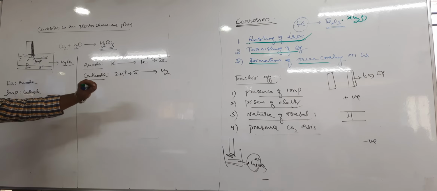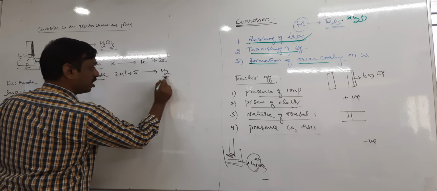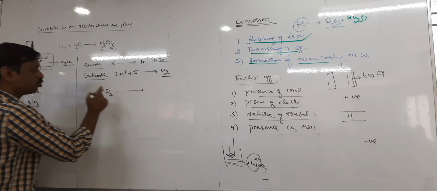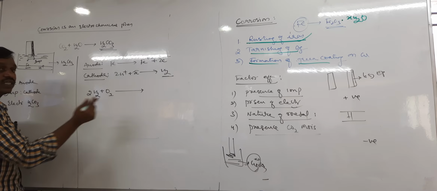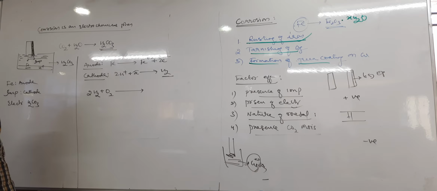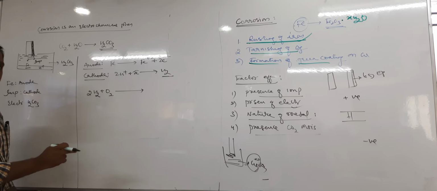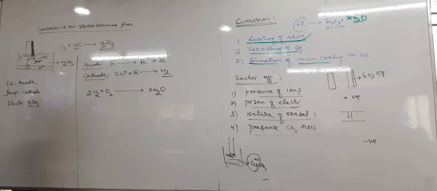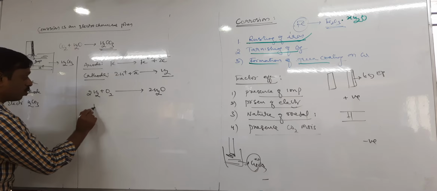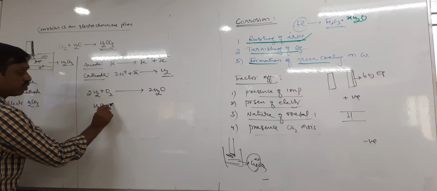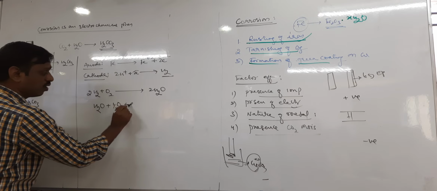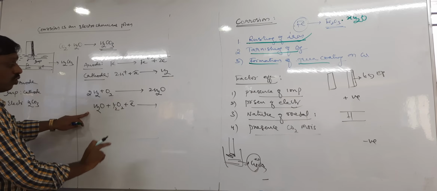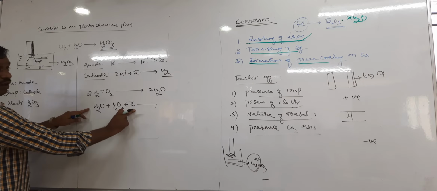At anode, Fe plus 2. Now at cathode, the hydrogen gas liberated undergoes further reaction in atmospheric air, H2 plus O2, because oxygen is available in the atmosphere. That H2 can combine with atmospheric oxygen to form H2O, water. Then this water again undergoes reaction. H2O undergoes reduction because H2O plus electron, gain of electron, no?